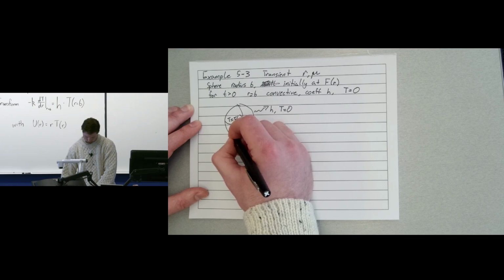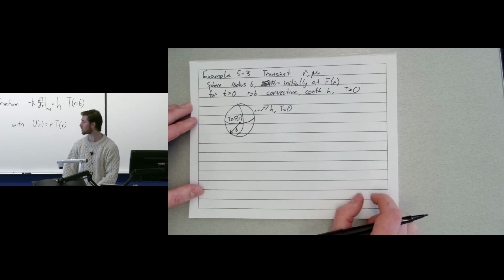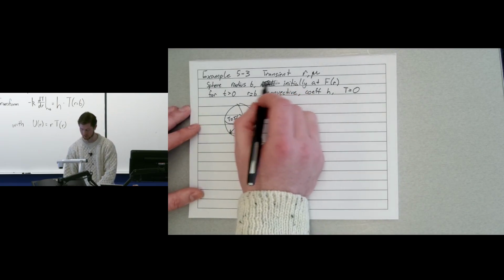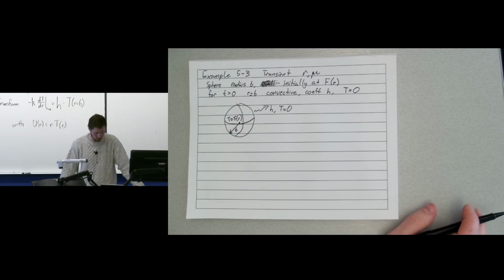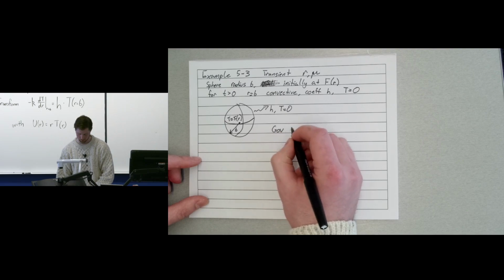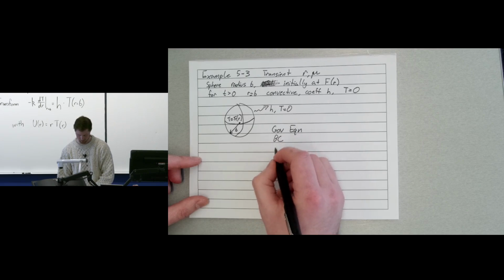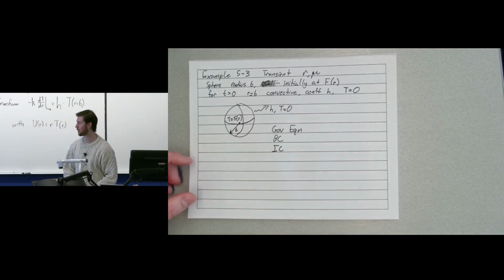And our radius is equal to b. All right. So take a couple minutes, talk with your neighbor. I would like you to write out our governing equation, give me the boundary conditions, and give me the initial condition in mathematical form.